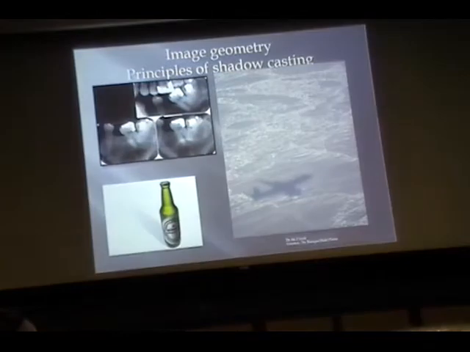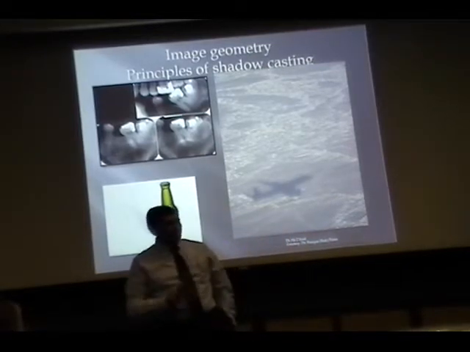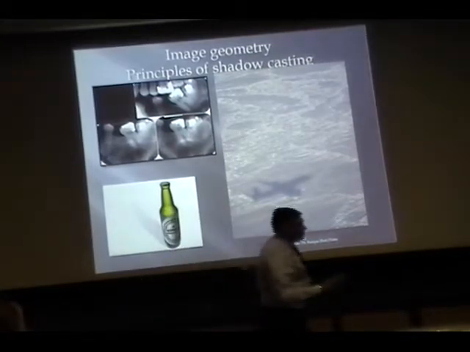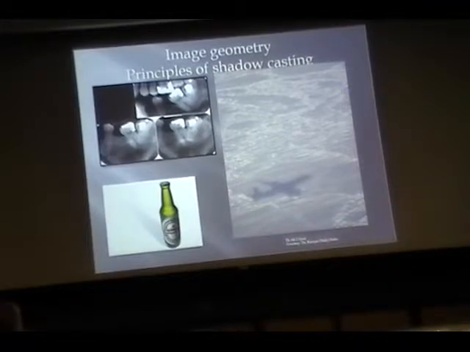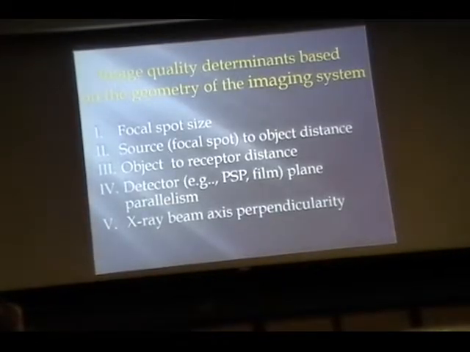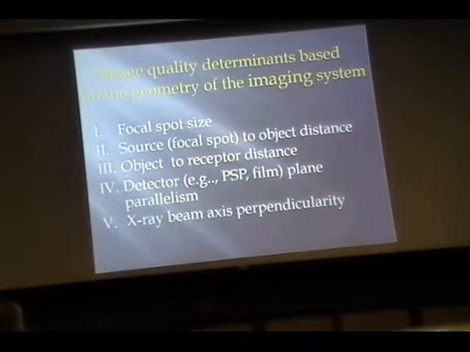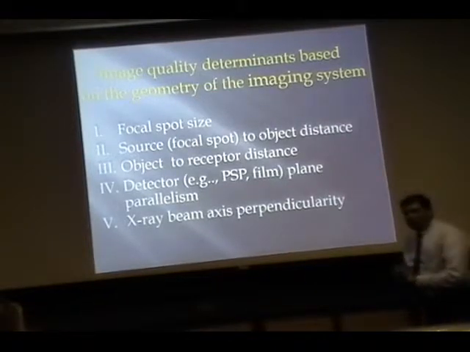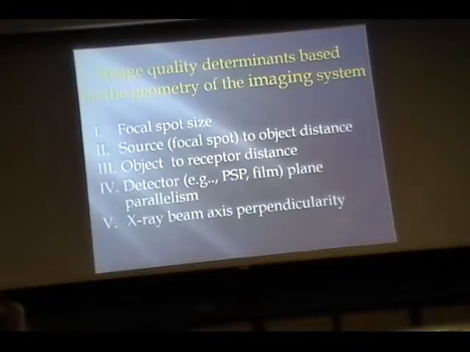Now, our first part of the lecture would be a lot of repetition of what we may have talked about earlier, but we need to emphasize a few more things or reiterate the facts. When we talk about image quality, we want the image to look diagnostic.